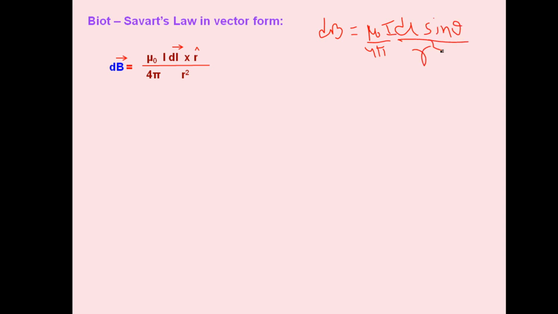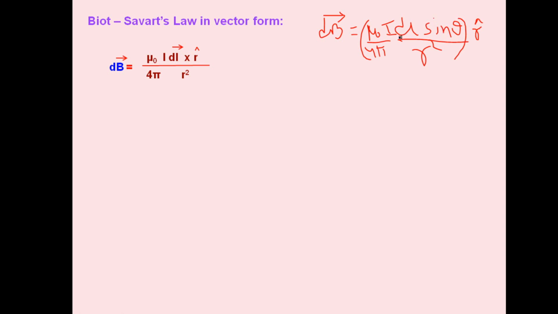This is the general expression which we have already studied. Now because we have to represent this quantity as vector, we will put arrow here. For this we need to express direction in this expression, and that can be easily represented with the help of a unit vector r cap. So we have to put r cap here.